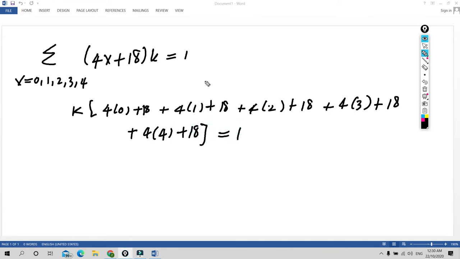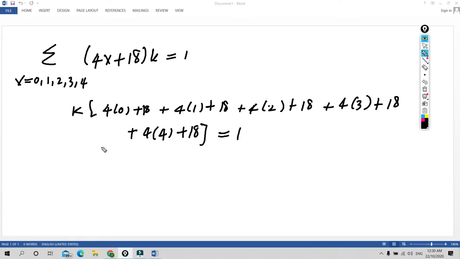So I have 18 five times, so 18 multiplied by 5 is equal to 90.